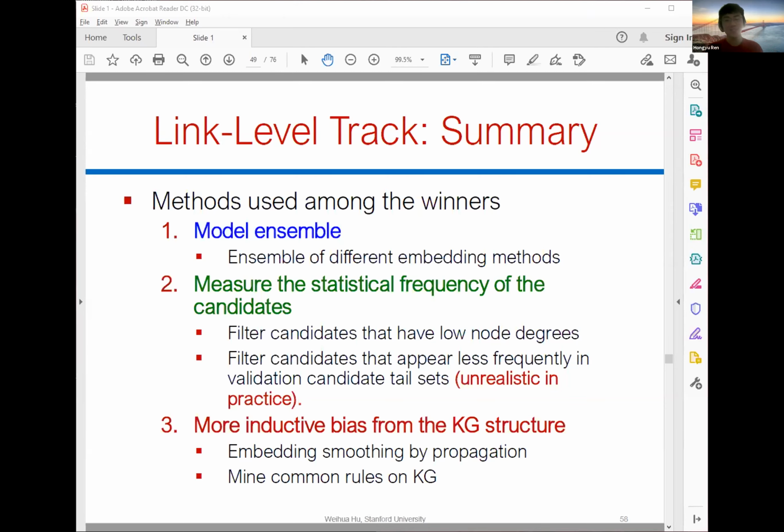And second, when given the candidates, a nice method is to calculate some statistics of the candidates, and maybe filter the candidates that have low node degrees or exist less frequently among all the candidates across all the validation or test triples. And lastly, besides KG embedding or using the textual representation, we can further improve the model by doing some message passing on the graph to do embedding smoothing, or doing random walks, or even mining some common rules to further exploit the KG structure.